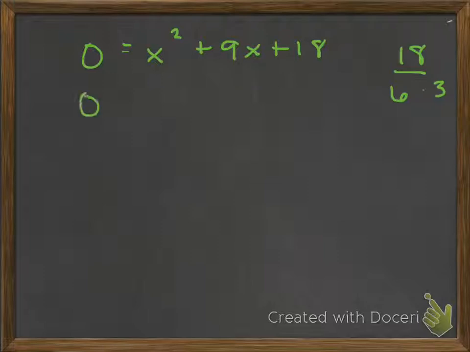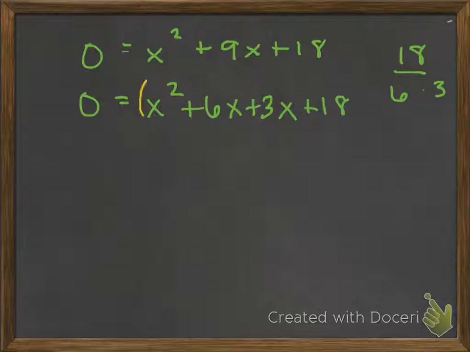So if you don't use the box method, it'll look like x squared plus 6x plus 3x plus 18. For those of you who do the box, those four terms would be inside your box. And we group the first two, group the second two to figure out what we can take out.